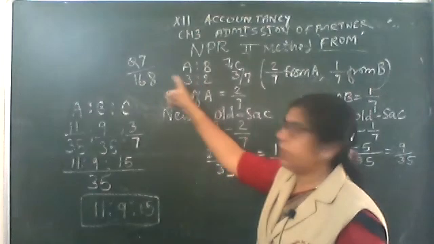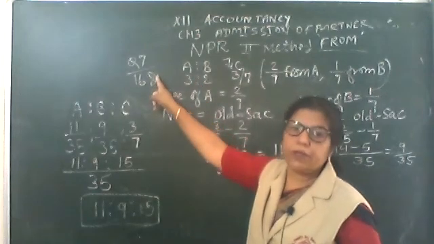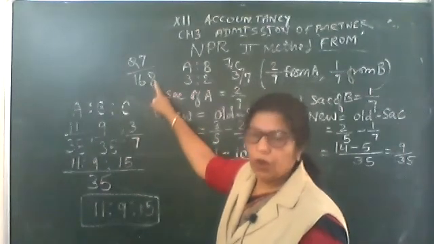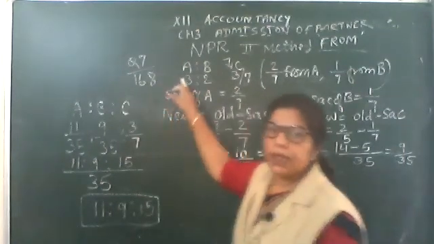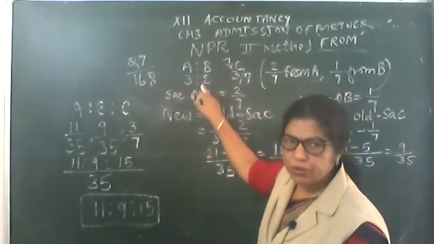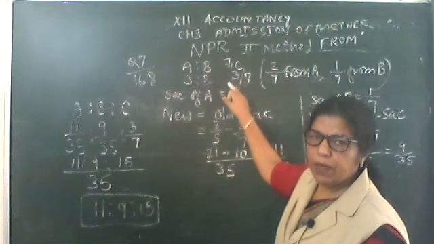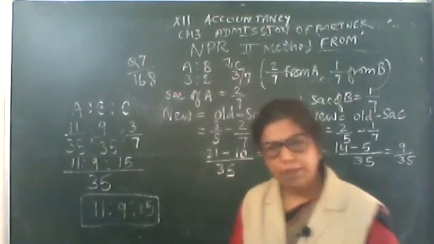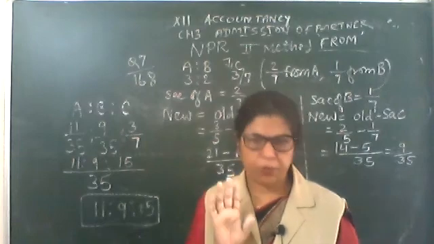Here, this is question number 7, page number 168 of NCERT. A and B are partners in 3:2. C is an incoming partner for 3/7 share. If the question is up to here, that is the first method.